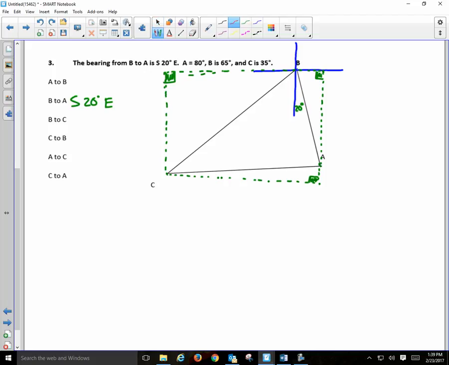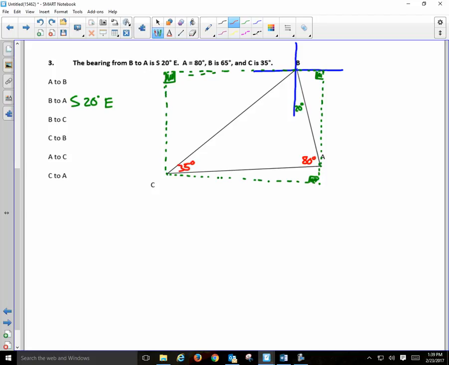Sweet. It says A is 80 degrees. C is 35. And I'm going to hold off on B. B is a total of 65.